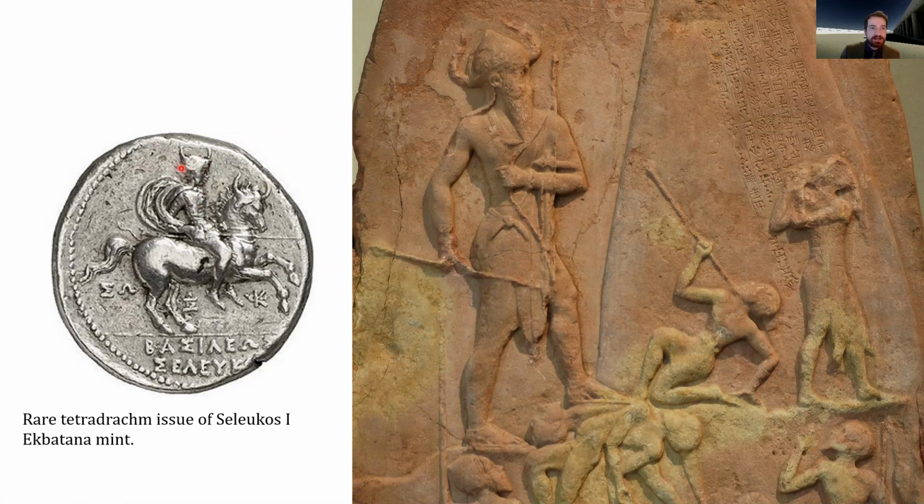So the horns are more apt to be compared to what we see from Naram Sin, this Akkadian example, or perhaps even Assyrian examples, than to the horns of Amun.